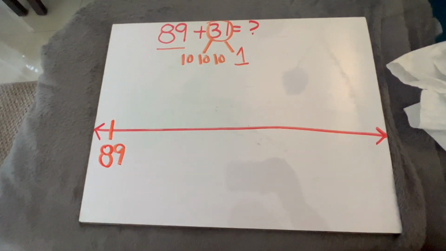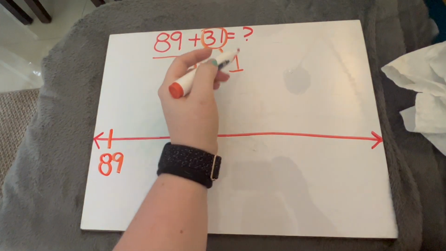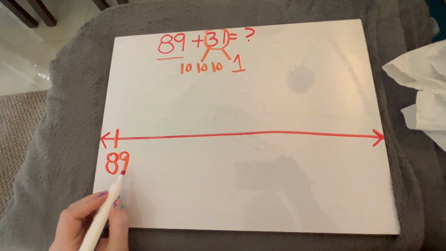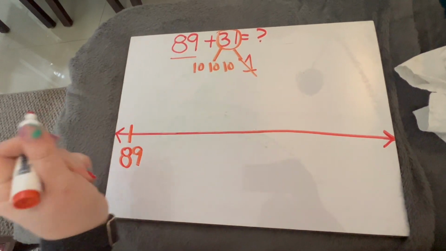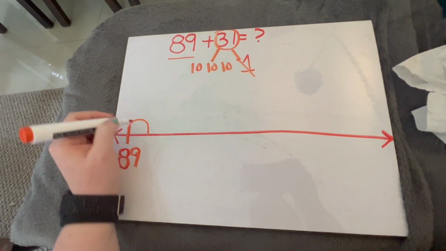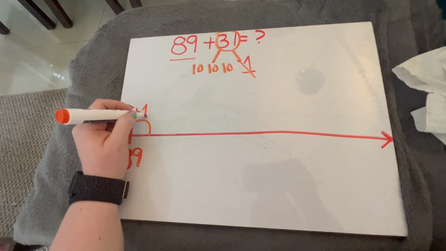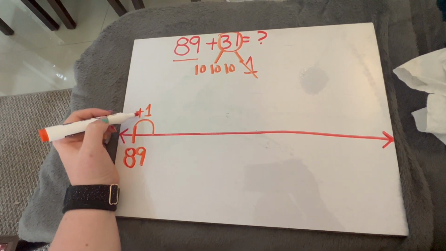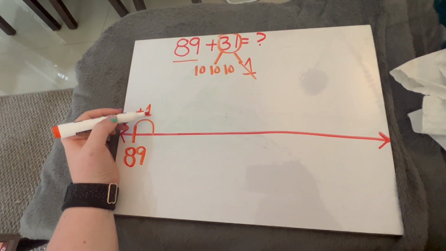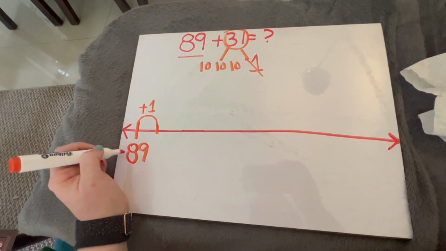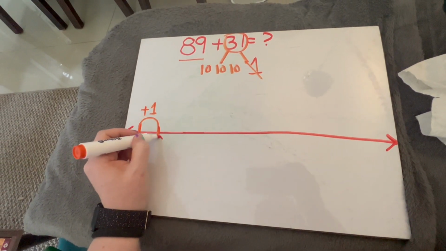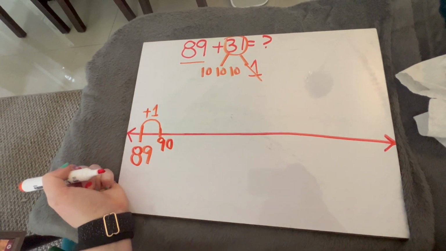So I'm going to start, because I have a 9 right here, with my ones, cross it off, and I'm going to make a small jump. Remember, it's very important that you label that you are adding and how much and where you land. So 89 plus 1 is 90.